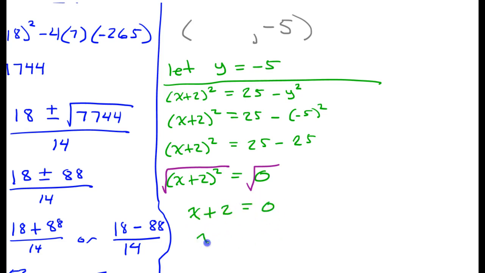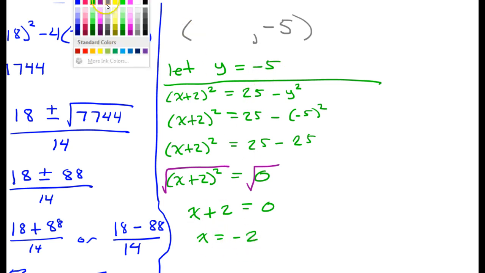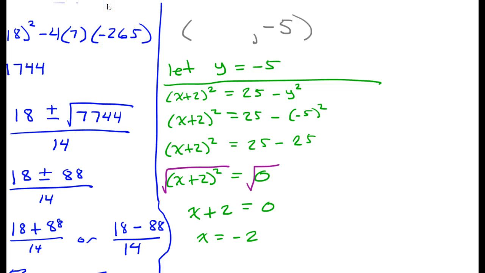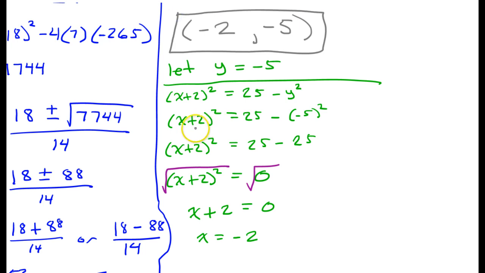Subtracting 2 from both sides, I'm going to have x equals -2. So I had a y value of -5, and I got the x value of -2. So I'm just going to take that -2 and put it back up into the thing. It looks like we only got one solution out of this.